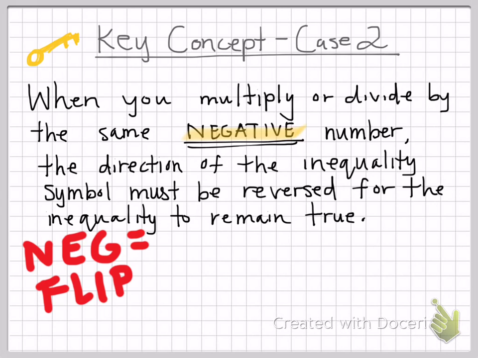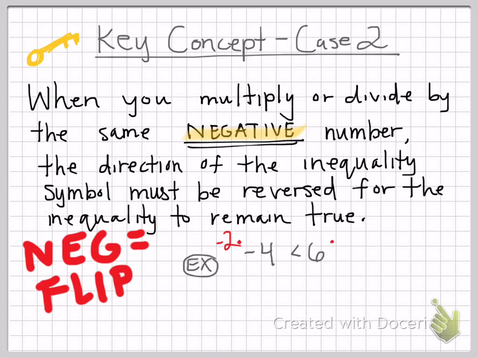So let me go ahead and give you an example. This is saying negative 4 is less than 6. That should look familiar. Now I'm going to multiply by a negative number, negative 2.